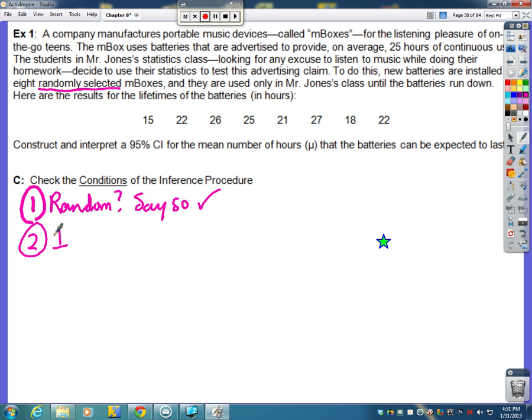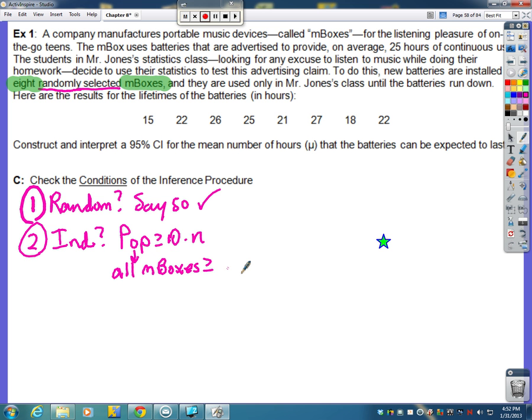Condition 2: independent? Well, we need to check: is the population at least 10 times our sample size? Well, the population would be all what? All batteries? All hours? You have to think about what we sampled. We sampled 8 M-Boxes, so really we're talking about all M-Boxes.